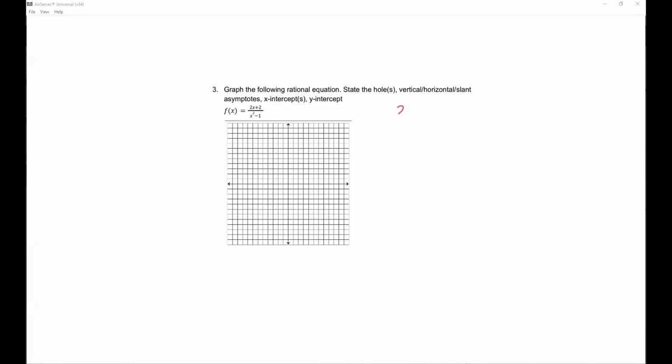So it'll be 2, factor it out, x plus 1 over x plus 1, x minus 1. You cancel, so it ends up becoming 2. The new equation is 2 over x minus 1 with a hole at x equals negative 1, right?